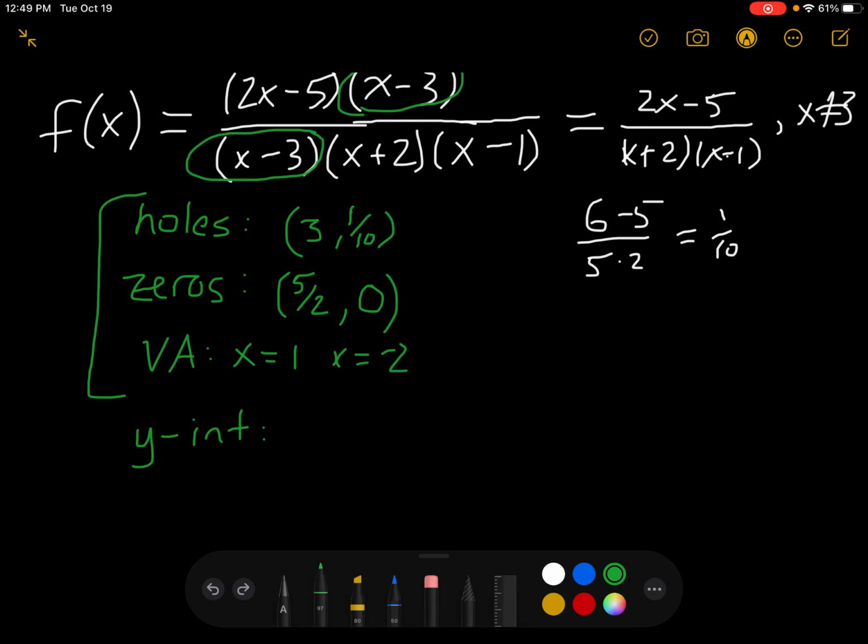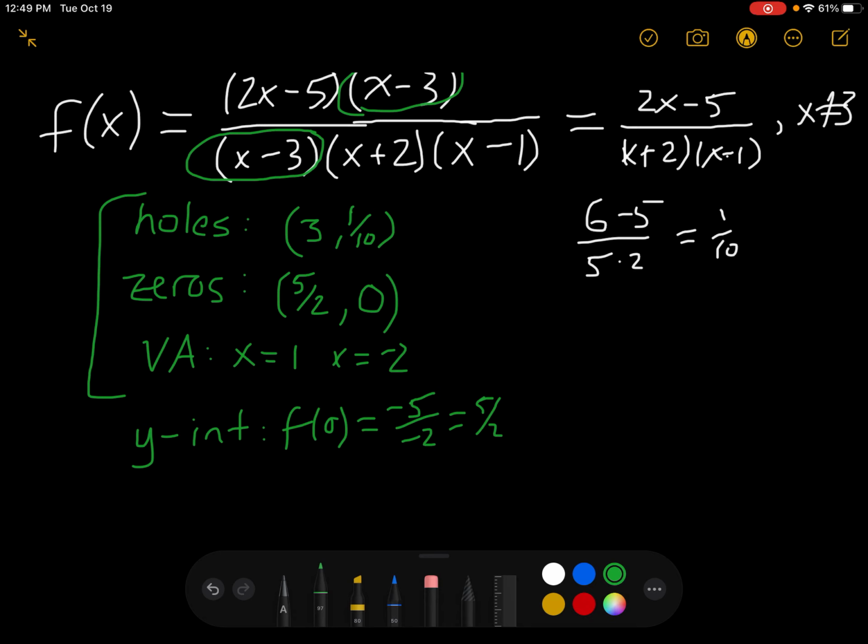If I plug 0 in there, I'm going to get negative 5 on top, and 2 times negative 1 on the bottom. So f of 0 equals negative 5 over negative 2, which is 5 halves.